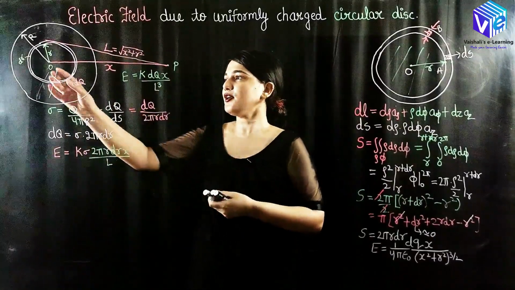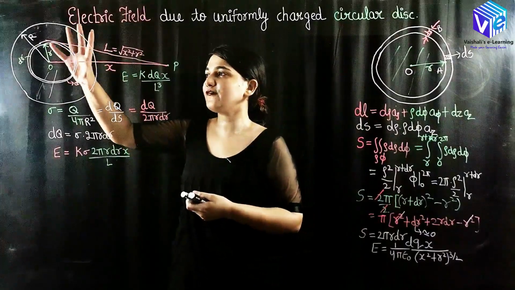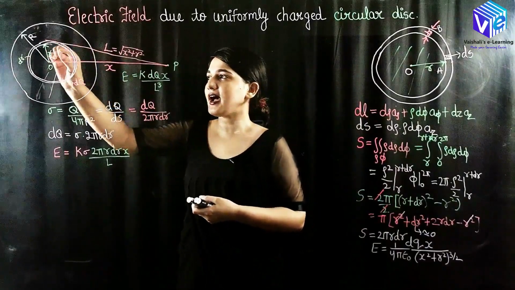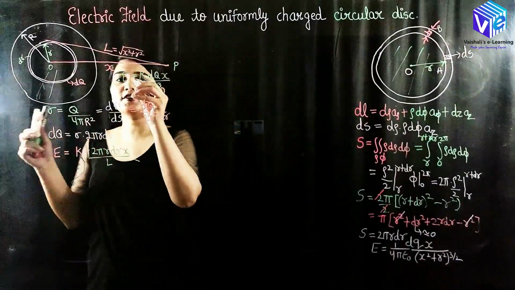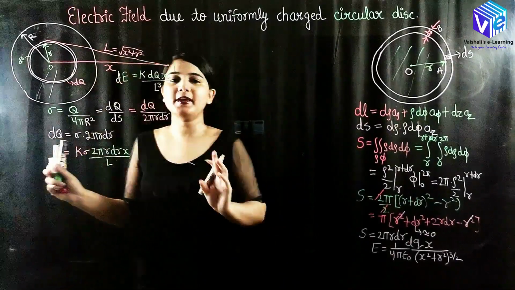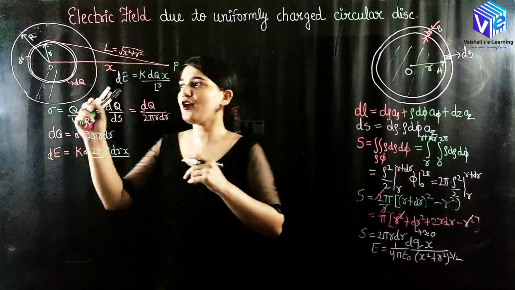Now for this element my electric field is this, but if I see the full disk, I have this to be a small element. So if I observe the full disk, this E will be my dE. This will be my dE for the full disk.